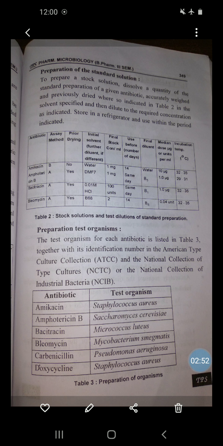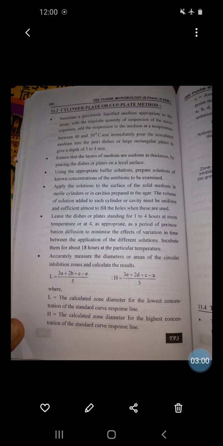We will see the assay method first, that is cylindrical plate method, also called cup plate method. In this method, inoculate a previously liquefied medium appropriate to the assay with a requisite quantity of suspension of the microorganism.